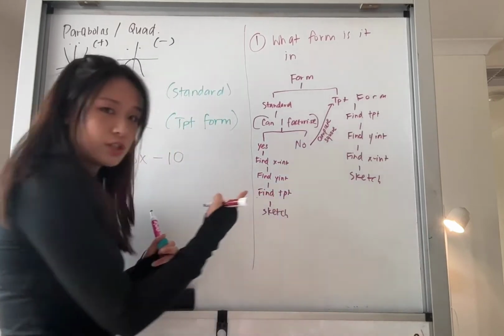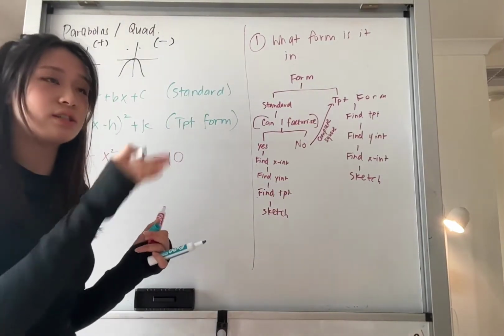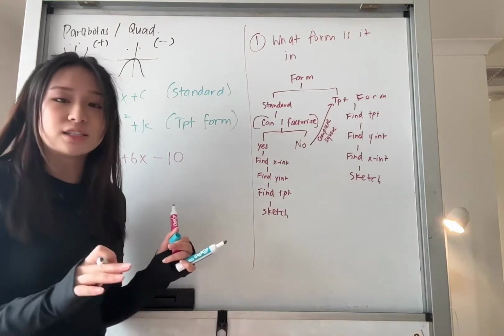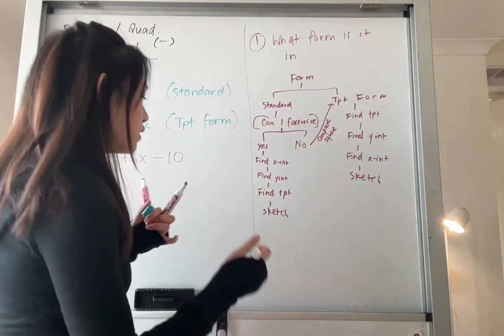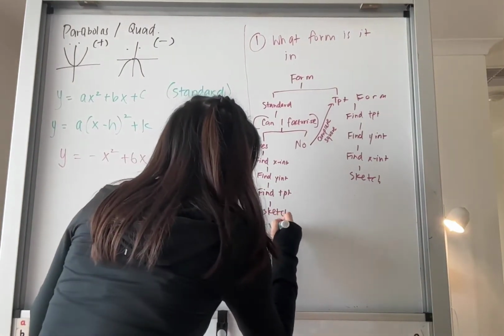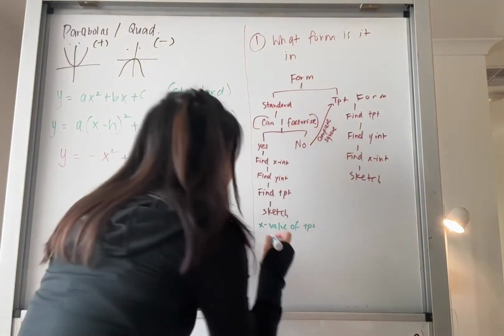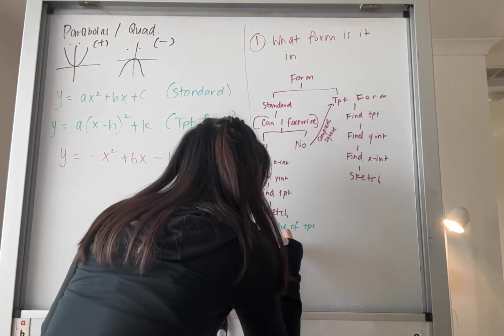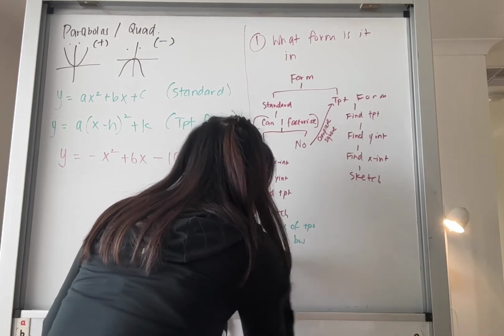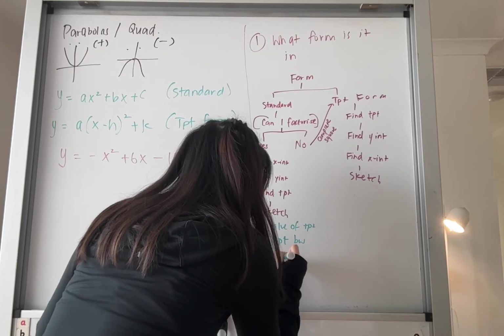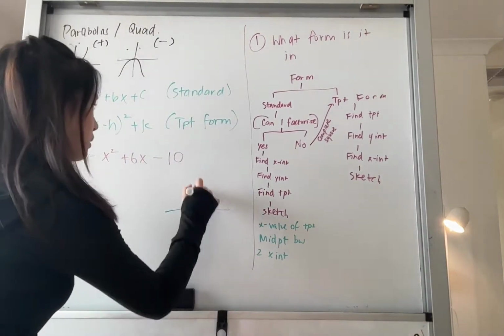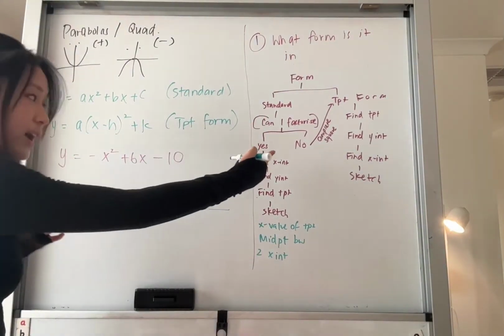If they ask for a turning point, sometimes they just tell you to sketch the function without having to identify what the turning point is. But you'll realize the x value of turning point, when it's in intercept form, is the midpoint between the two x-intercepts. So for instance, this is just referring to standard form, by the way.